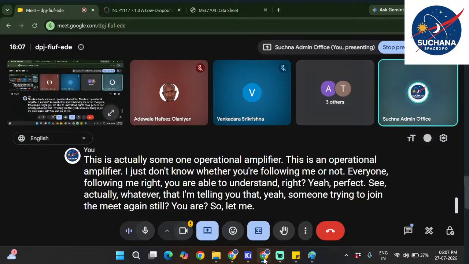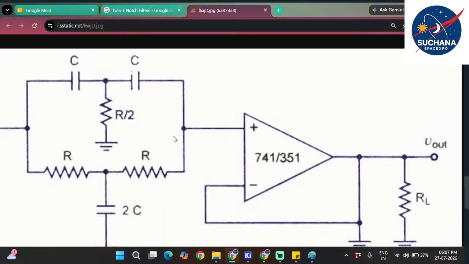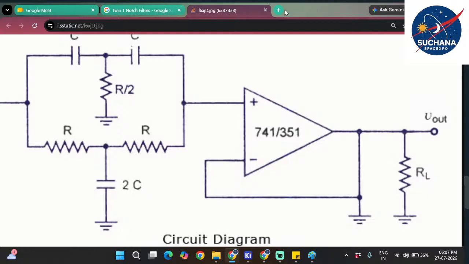Let me come back to the same circuit diagram again. First I will show you the output waveform of this.